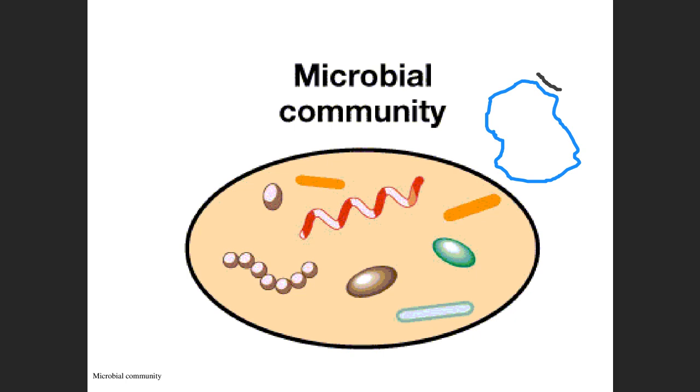The probe has two parts, and then at the end you put a red fluorescent label here. Now you see the FISH probe binds to the DNA, and this bacteria becomes red.